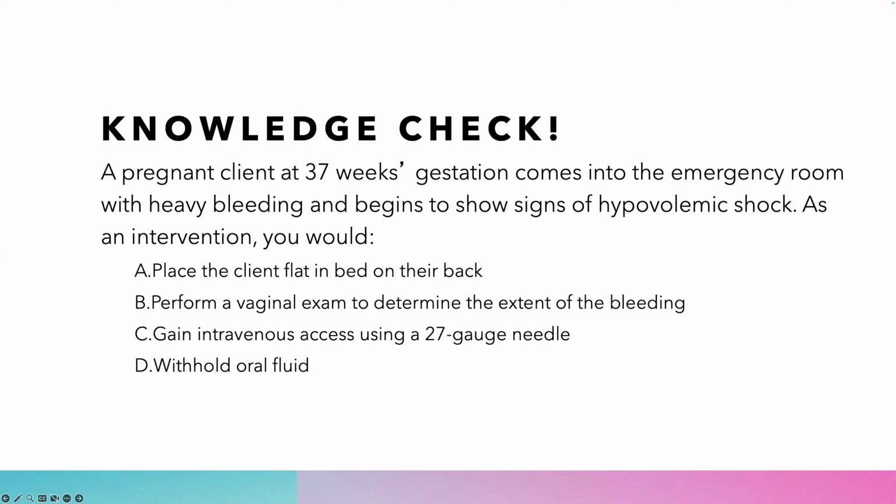Okay, knowledge check. A pregnant client at 37 weeks gestation comes into the emergency room with heavy bleeding and begins to show signs of hypovolemic shock. As an intervention, what would you do? Who wants to guess? Or who wants to answer?